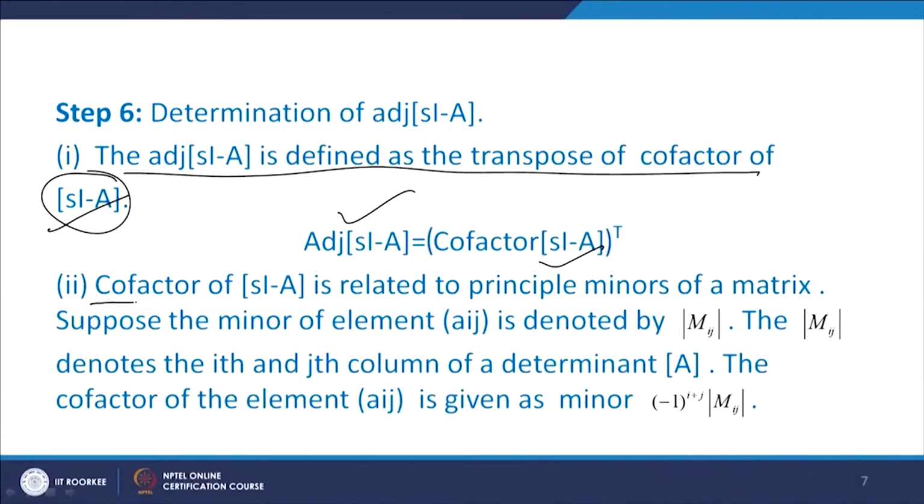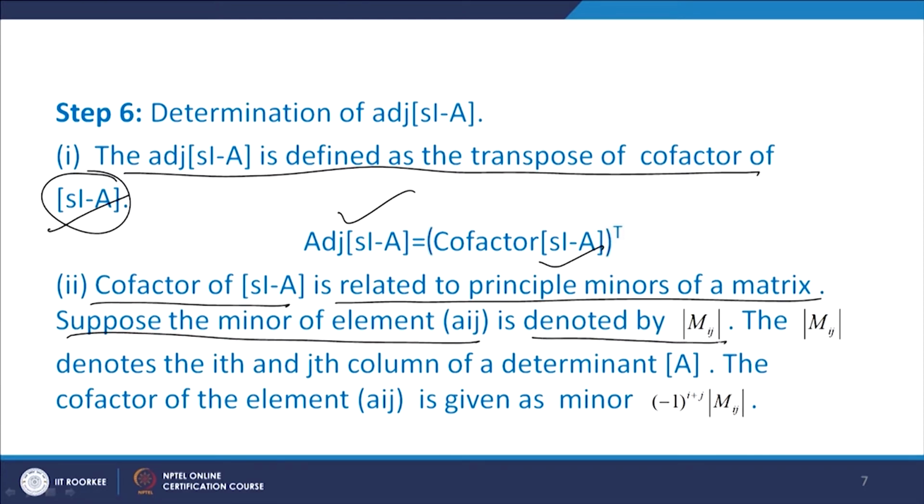So, here the steps have been written. The cofactor of (sI - A) is related to the principal minors of a matrix. Suppose the minor of element aij is denoted by mij, i varying from 1 to n, j varying from 1 to n. So, mij denotes the determinant of A with the ith row and jth column removed.